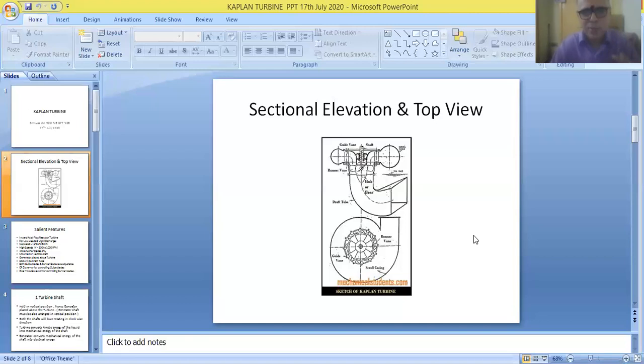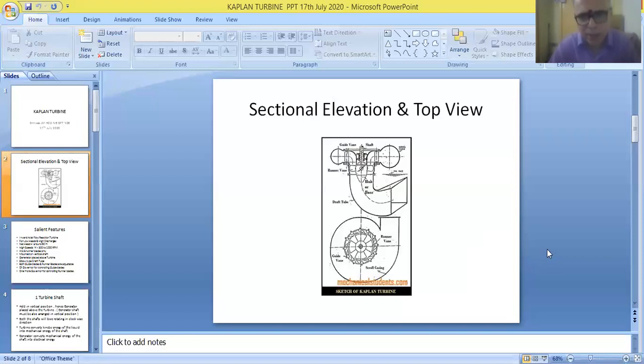All items are used for raising the kinetic energy of the liquid before power generation, and the draft tube is used for raising the pressure energy of the liquid after power generation. So friends, this way we have thoroughly dealt with the construction and working of the KAPLAN turbine.